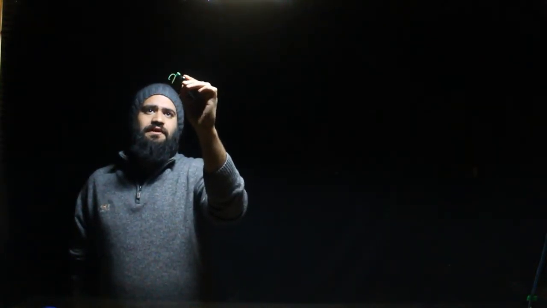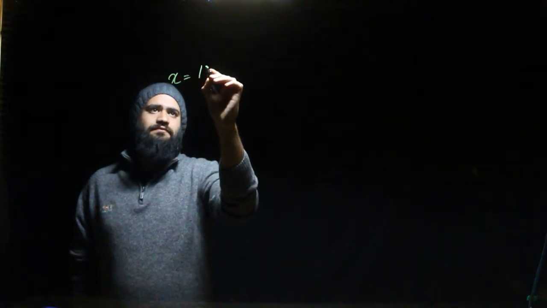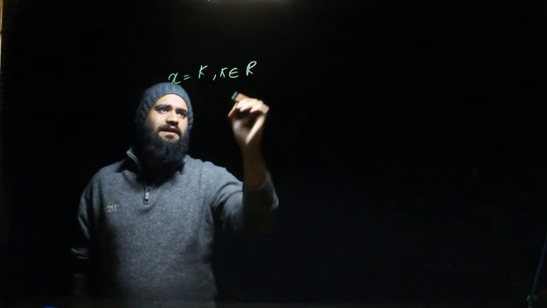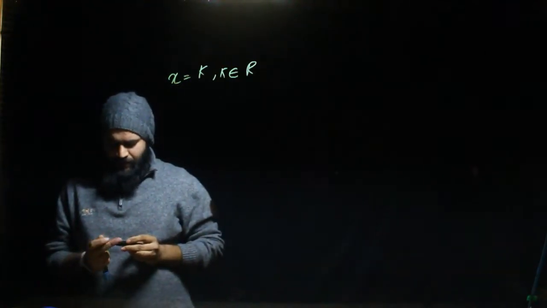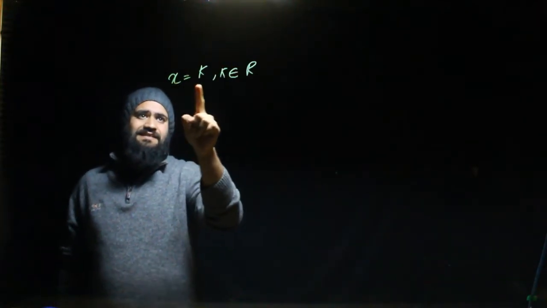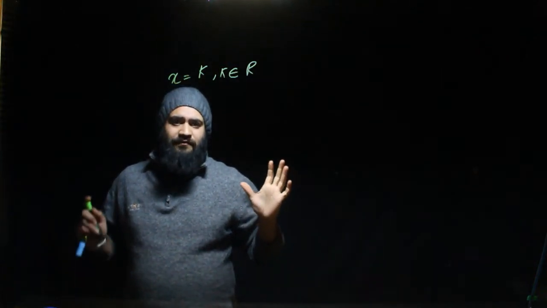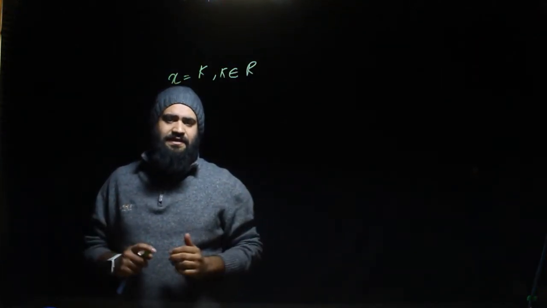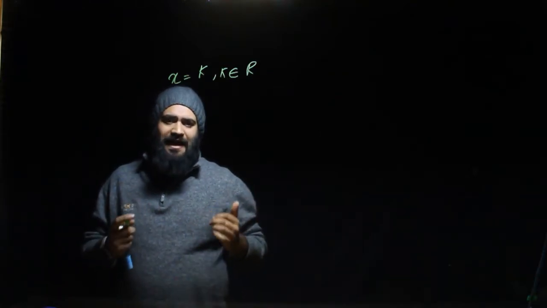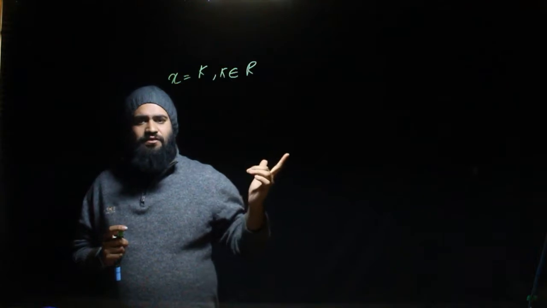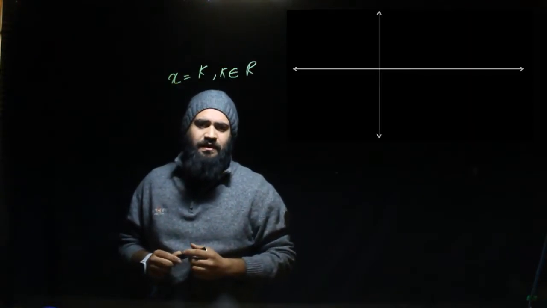Before going into quadratic equation, if I write x is equal to k, where k belongs to some real number, x is equal to k represents the family of straight lines which are parallel to y axis, which passes through that coordinate k.